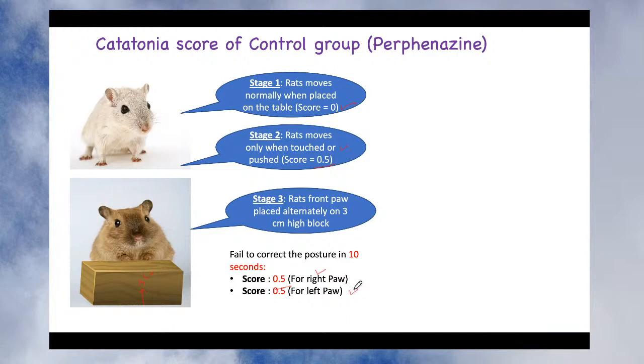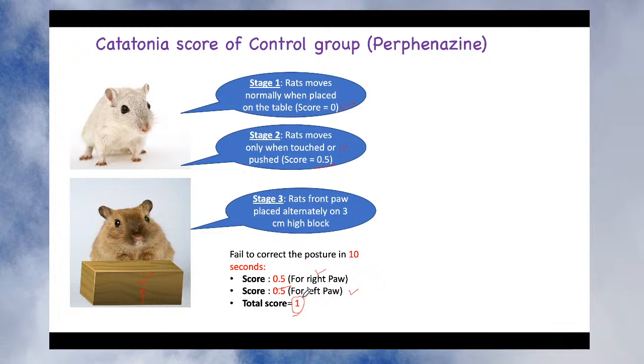Sometimes the animal is unable to correct both the right as well as the left paw, and in such a case you will give a total score of 1. During the left paw, the animal is unable to correct the posture, and during the right paw, again unable to correct the posture, so the score is 1.